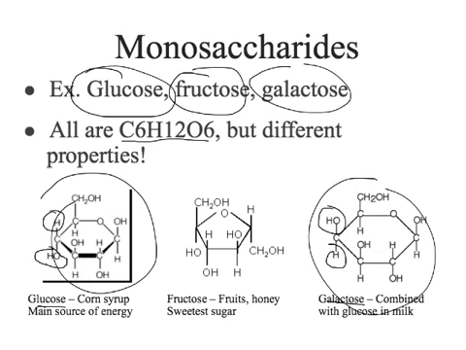So even though these 3 molecule types have the same structure, glucose is the main source of energy. It's found in corn syrup, whereas fructose is really, really sweet. It's found in things like fruit, honey, and galactose is one of the sugars found in milk. Okay, so they all have very different properties, even though they're made up of the same atom types.